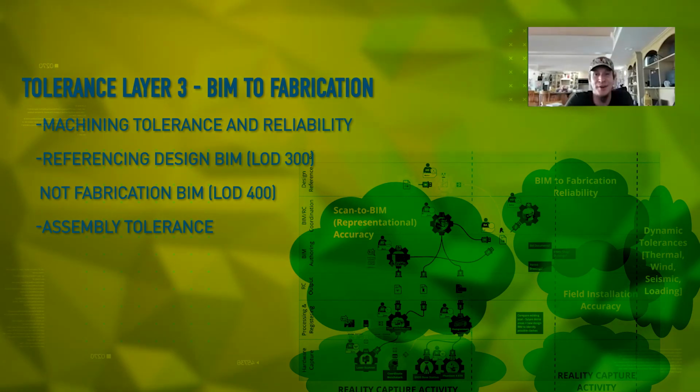Typically you've got all these shops like Blocks, which I guess got acquired by somebody else, that do these prefab components, multi-trade prefab. They have tolerances because they can't manufacture perfectly, even in a controlled environment. That just comes with the territory, and it comes really from machining tolerance issues.